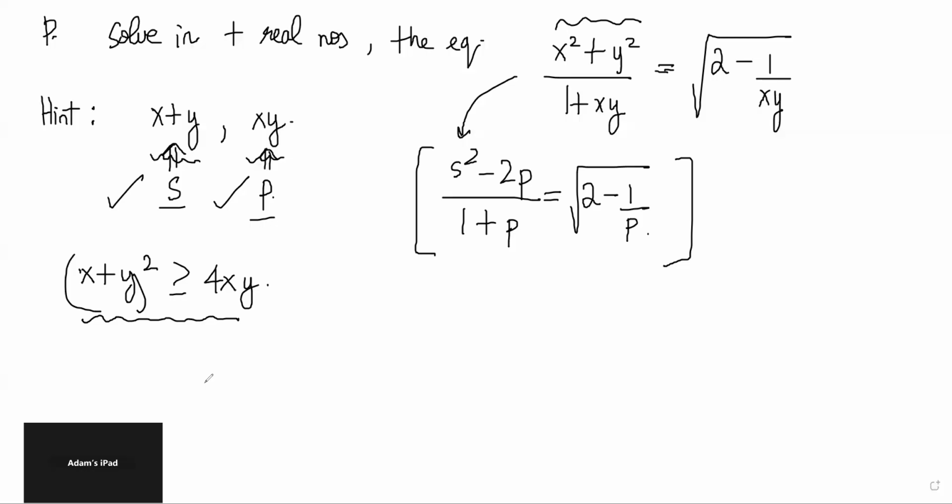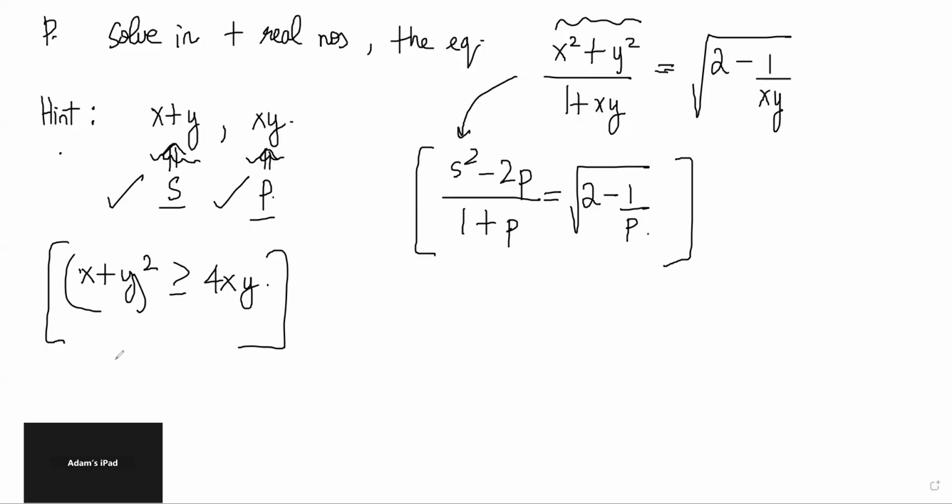What are you doing? This is an algebraic identity. You don't have to try x is greater than y. This is always true for whatever x and y, and it is super obvious.